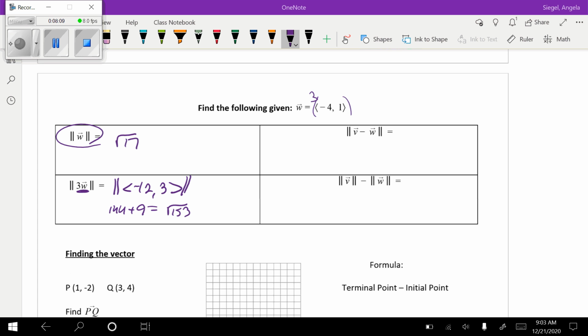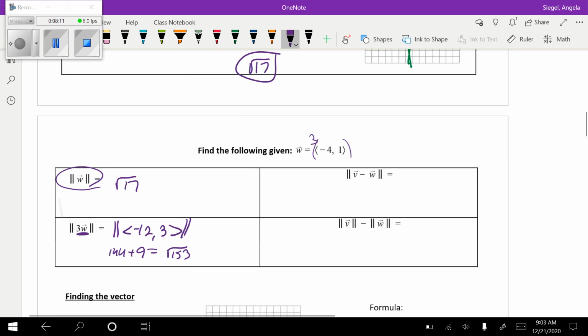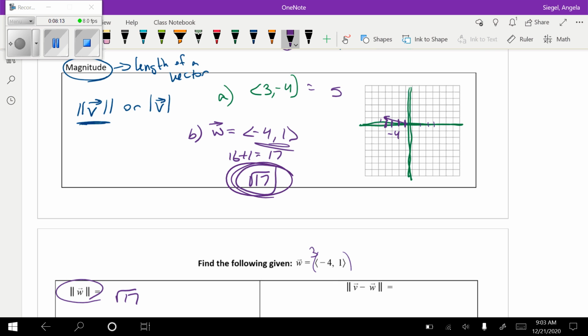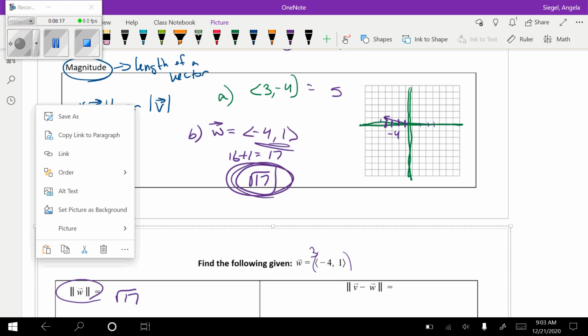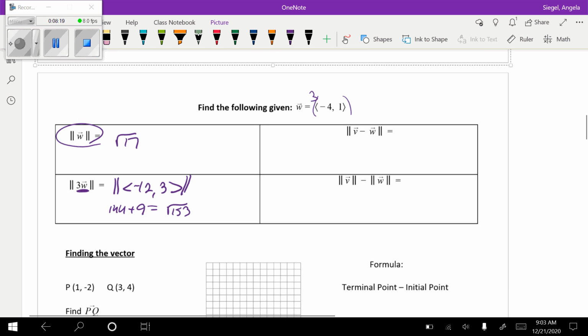Okay, so I want to show you something that's interesting here. So remember our original answer for -4, 1 was square root of 17. Okay, so when I do this and I simplify this square root, it actually ends up being 9 times 17 is 153. And so it comes out as 3 times the square root of 17.